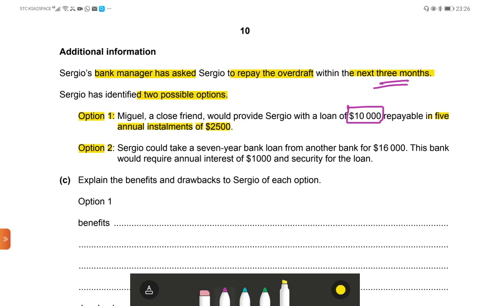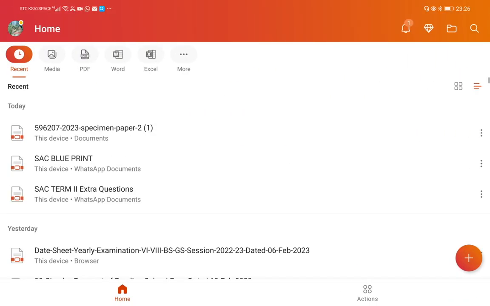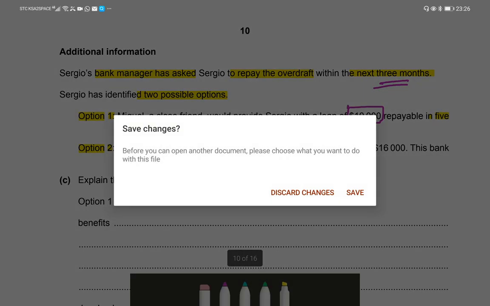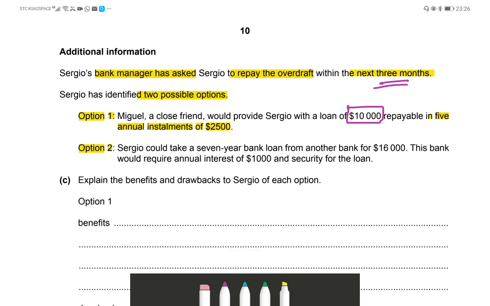But option 2, Sergio could take a 7 years bank loan. Friend offered a 5 years loan, while next there is a 7 years bank loan from another bank. The amount is 16,000. This bank would require annual interest.